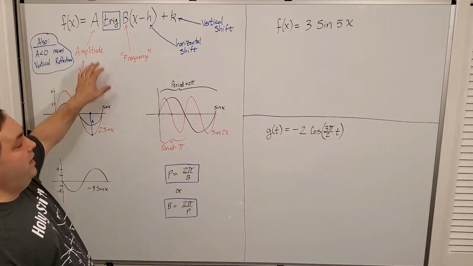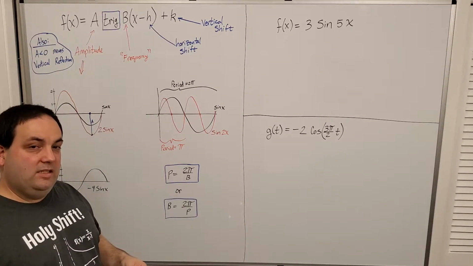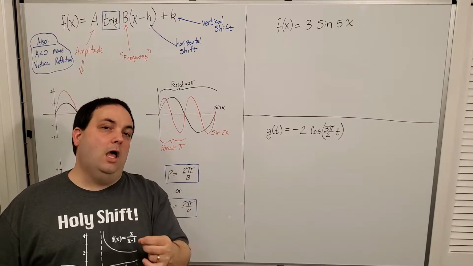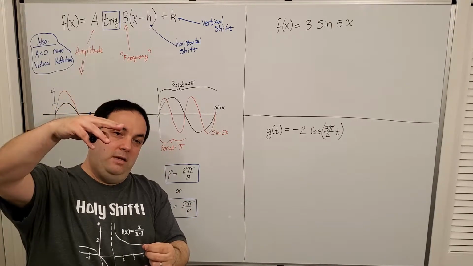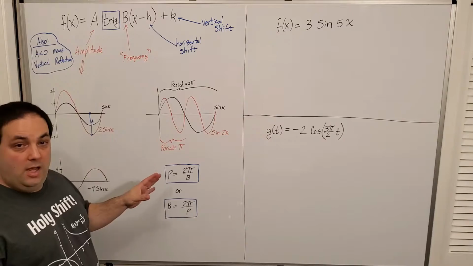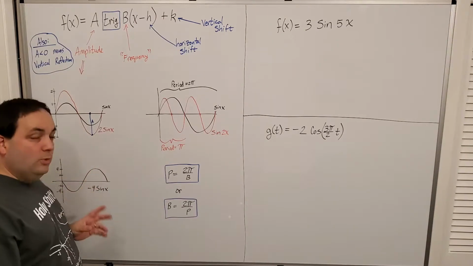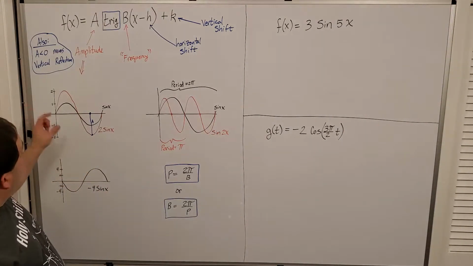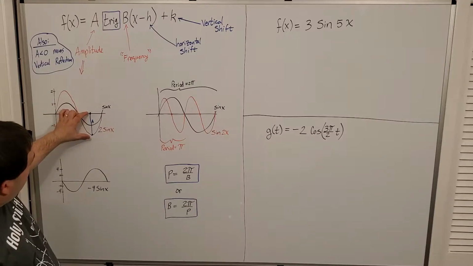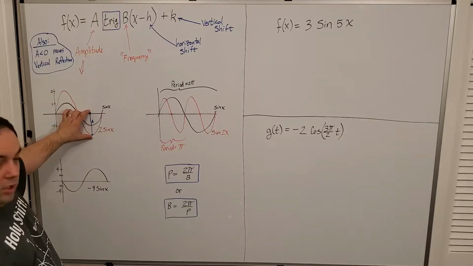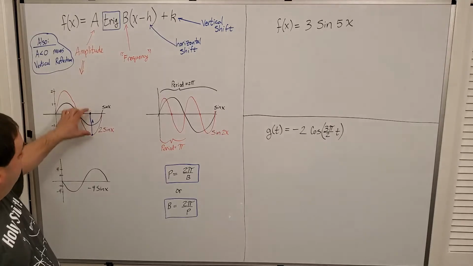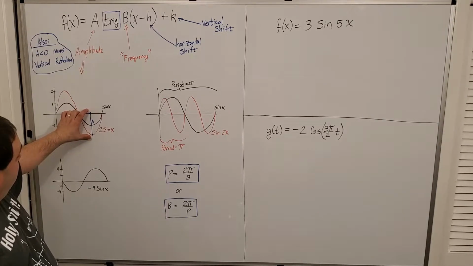Amplitude is defined as the distance from the center line up to your peak when you're dealing with sine and cosine. Okay? Dealing with sine and cosine, the amplitude is literally the distance from the center to one of the main peaks or troughs, I mean, you know, lower peak, whatever. Okay?